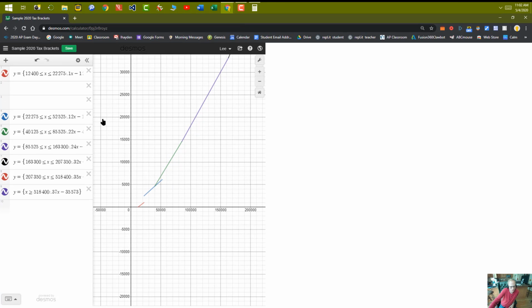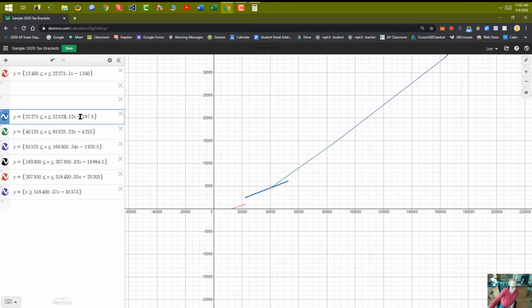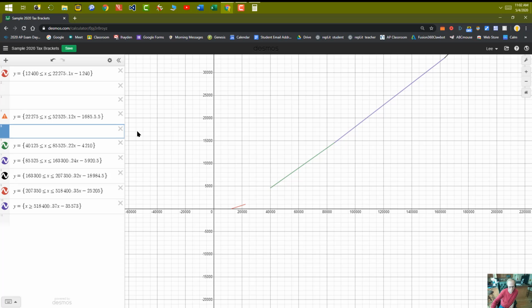So right here it's going to be 1685.5. There we go. Okay, and so those are the first two equations.